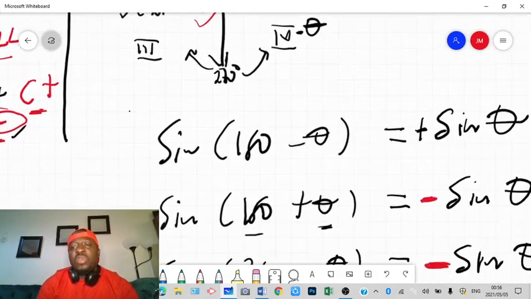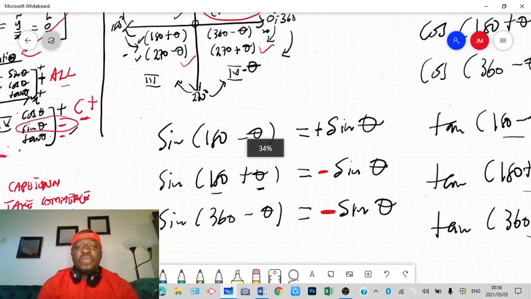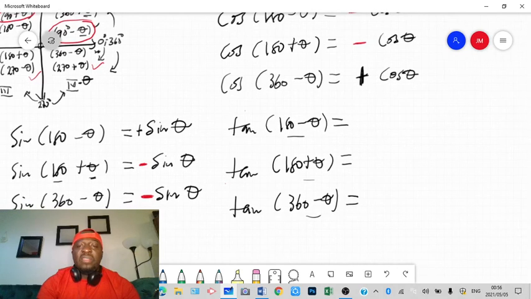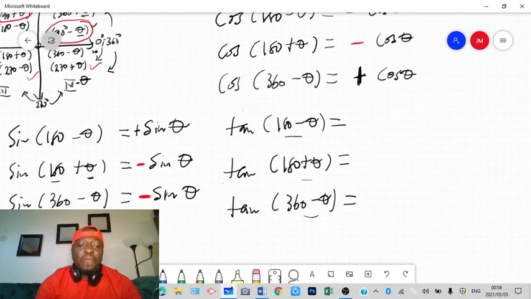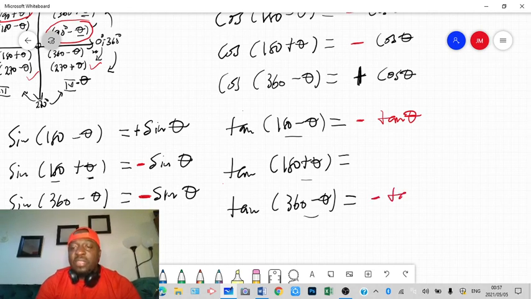So in going to our simplification, we will find out that 180 minus theta, in the second quadrant, is going to be minus tan theta. And 360 minus theta is going to be minus tan theta because it's in the fourth quadrant.